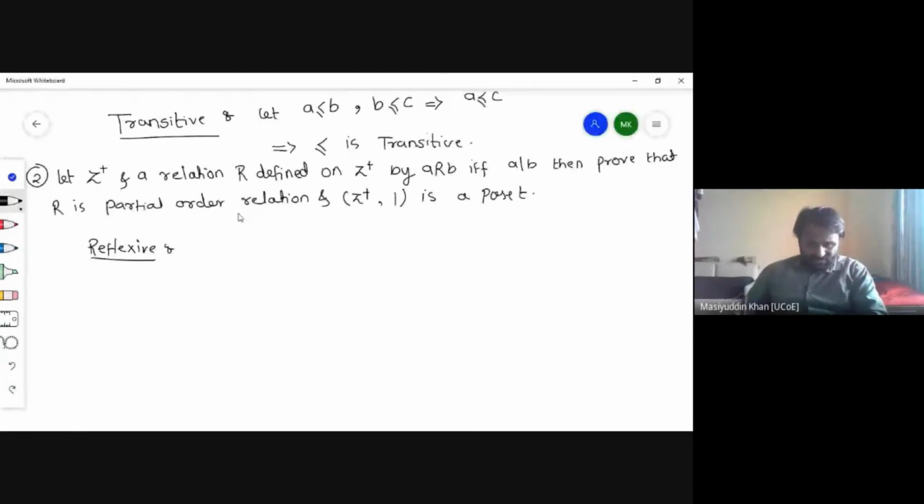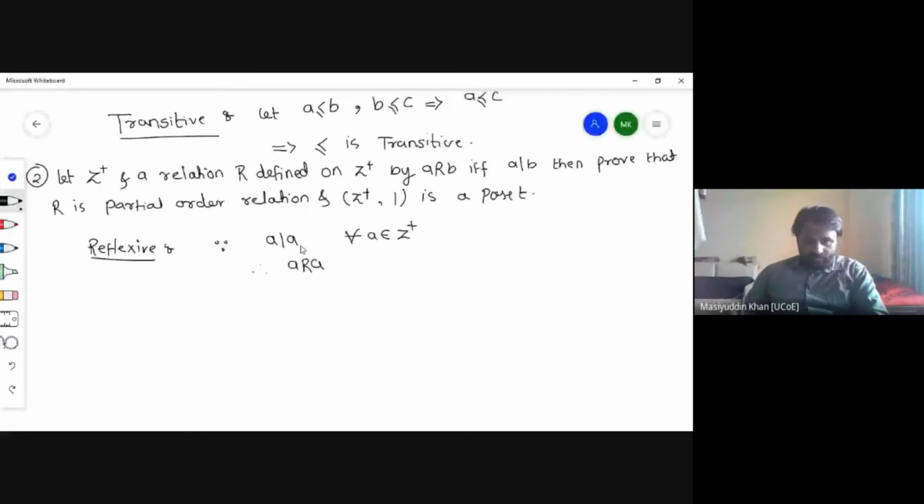a related to a is what we need, but I will not write that here, because the relation given here is divide. So I am just defining that a divides a. Is it possible? Yes, where all a belongs to Z plus, meaning positive integers. Therefore we can say a is related to a, because here a related to b is defined, so a divides a holds automatically. Take any positive integer, like 2 divides 2 itself.